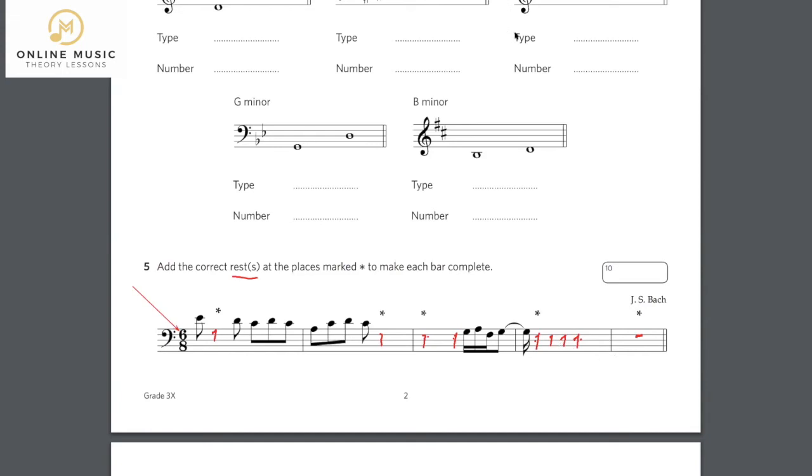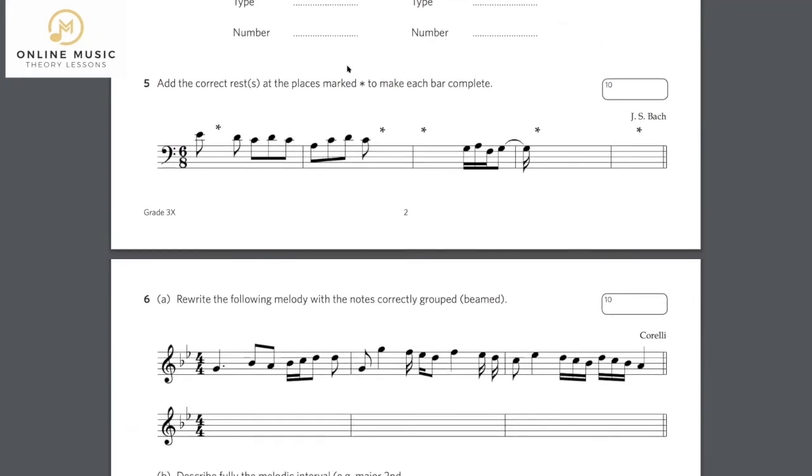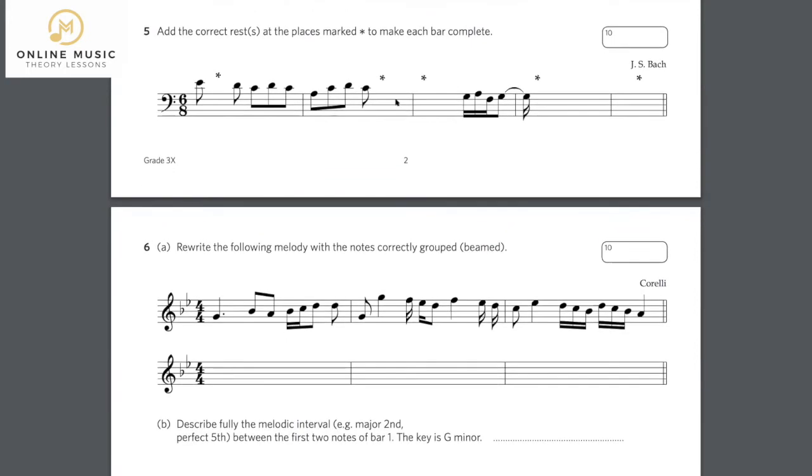Moving on to question number 6. Rewrite the following melody with the notes correctly grouped or beamed together. So the ones they want you to look out for here, I won't rewrite the whole melody because on a computer it takes too much time, but I can point out to you the ones that they want you to draw.